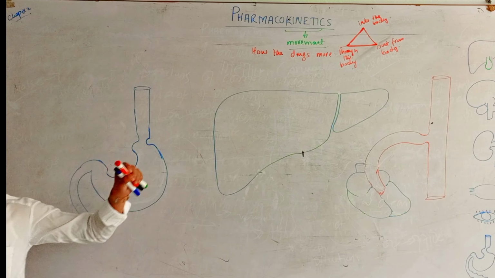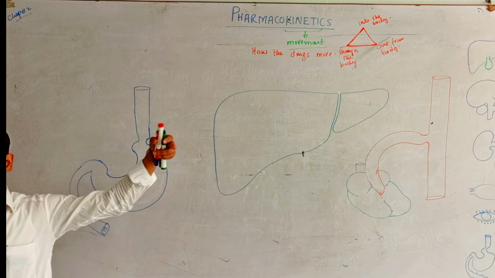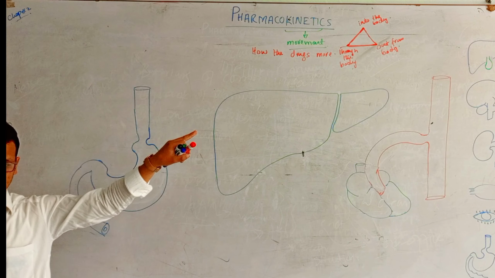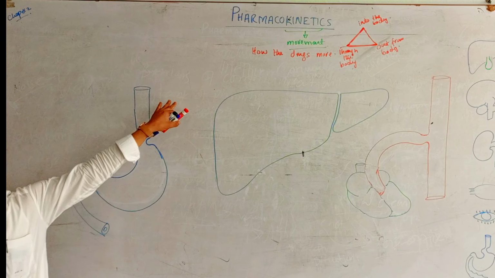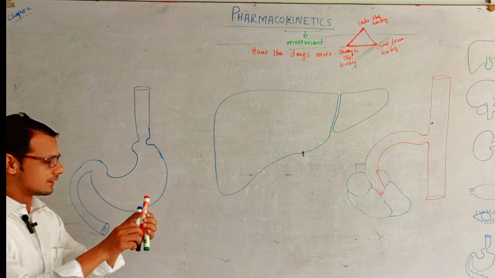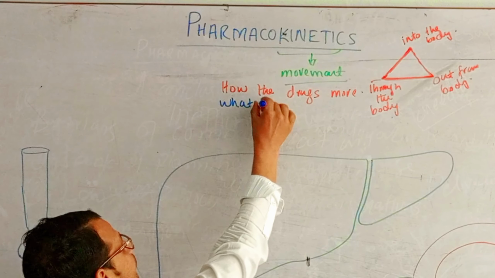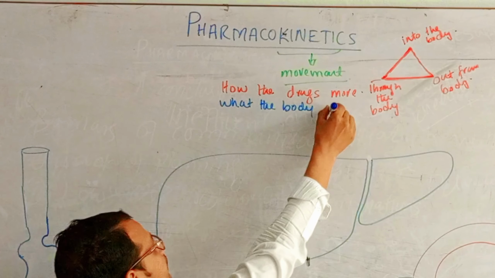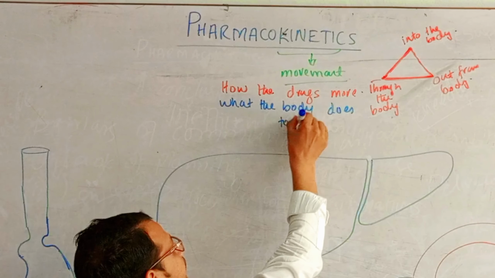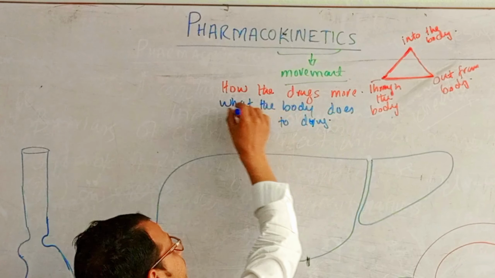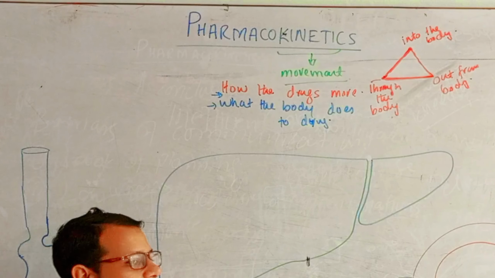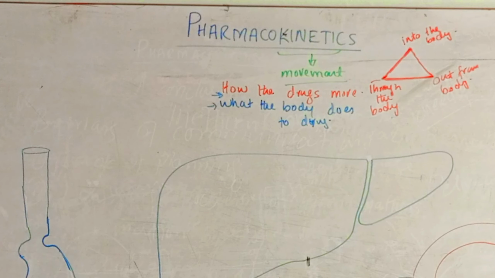Actually, this is the movements of drugs through, in and out from body, right? The simple definition is what the body does to drug. Or we can say that the effect of body on drugs, right?